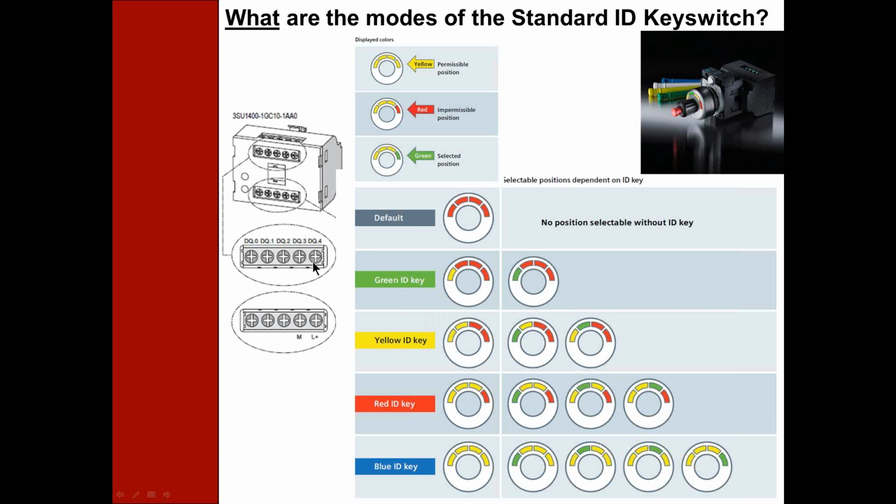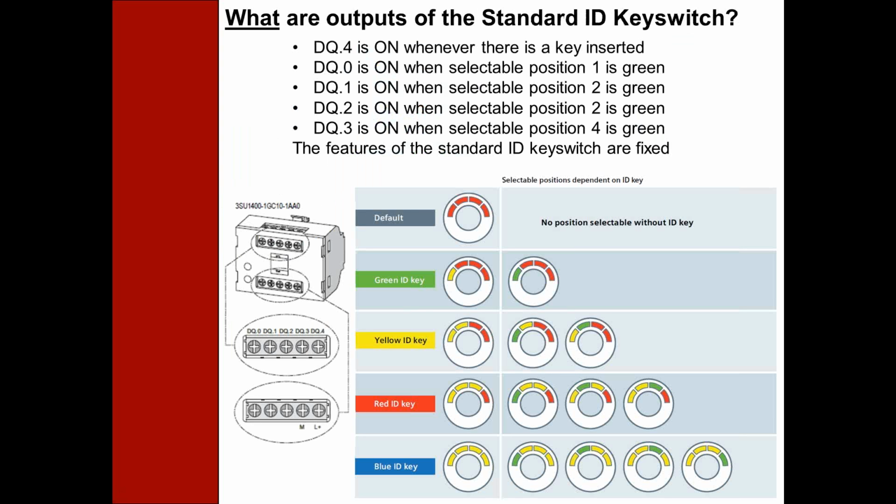Additionally, if you look over here on the left-hand side, in fact, I think the next slide covers this. Let's just go to the next slide here. It's very similar here. The 4th position, DQ.4, is an output that comes on whenever there is a key inserted into your ID key switch. So as soon as you plug in that key, this output goes to 24 volts.